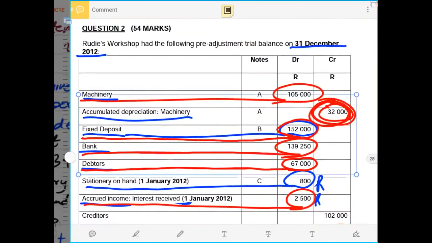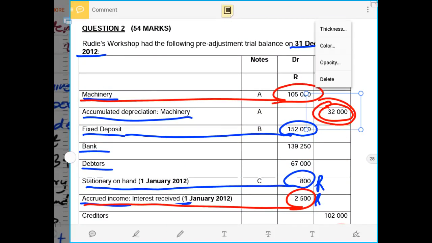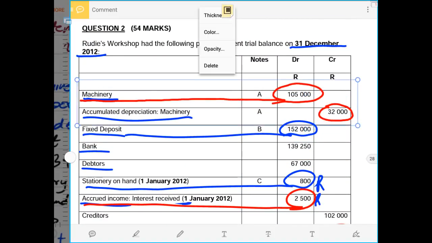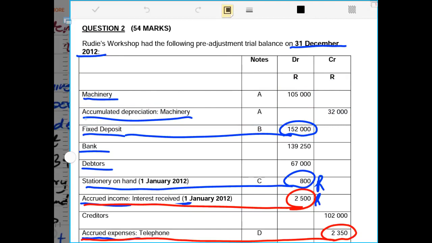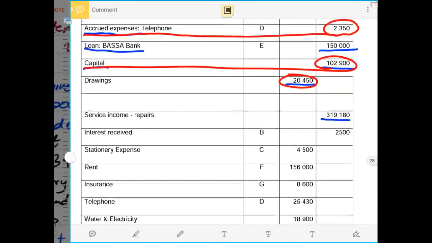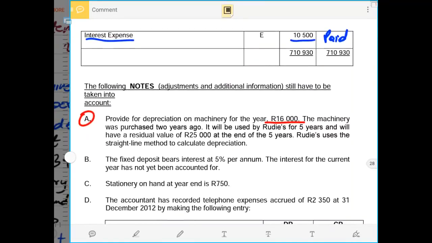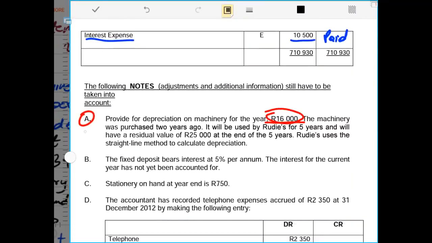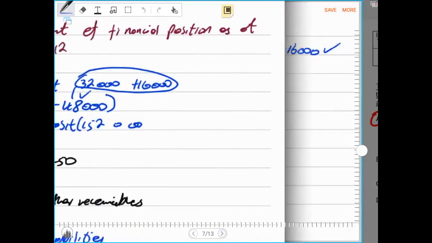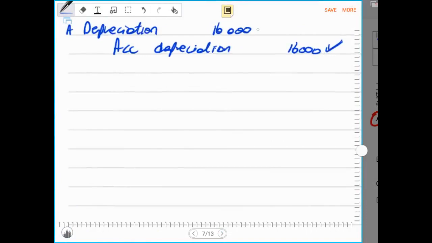That accumulated depreciation in the trial balance that appeared there to be 32,000 rands, it was already given. So now we just recorded that as 32, and we added the 16,000 rands that appear in the adjustments. So now, meaning that the side of the entry, which is the credit side, is being accounted for.